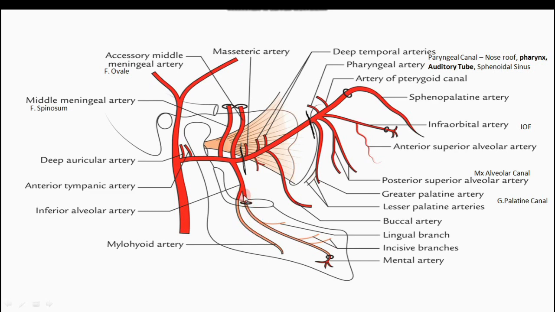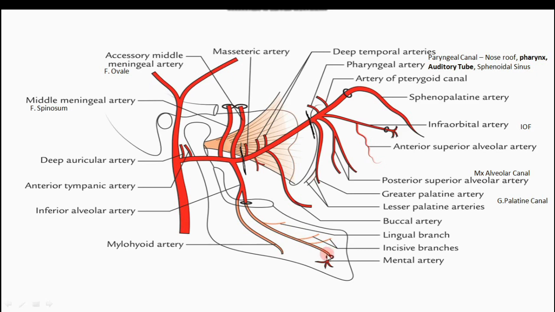The inferior alveolar artery, the deeper one running in the mandible, supplies all the lower teeth: molars, premolars, canine, lateral incisor, central incisor, all of these.